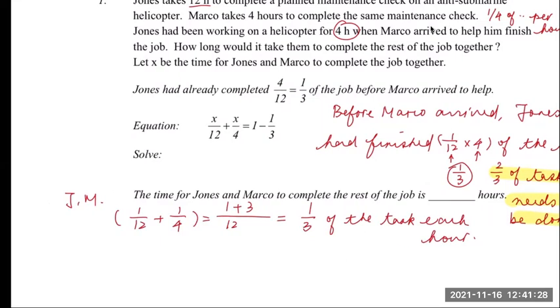Right, 1/3 of the task each hour. And we know that only 2/3 of the task needs to be done.